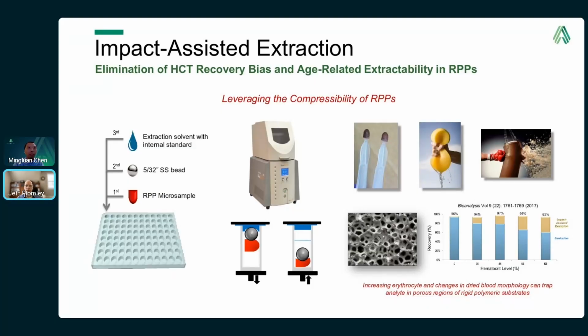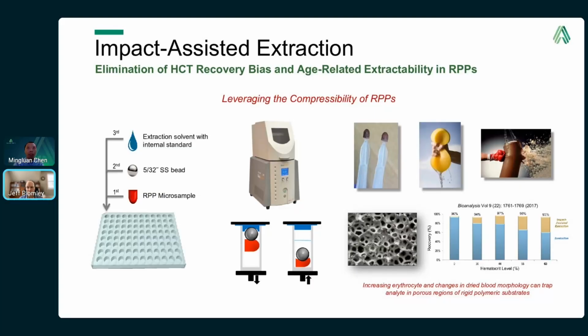So we designed a workflow that we call impact-assisted extraction. And for the past decade, this has been used on a multitude of assays that have been successfully validated, notably largely without ISR failure.